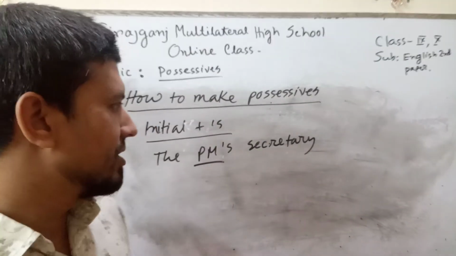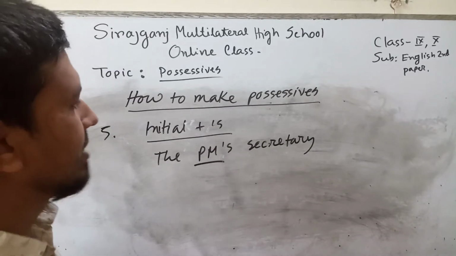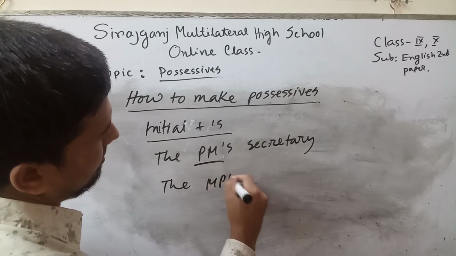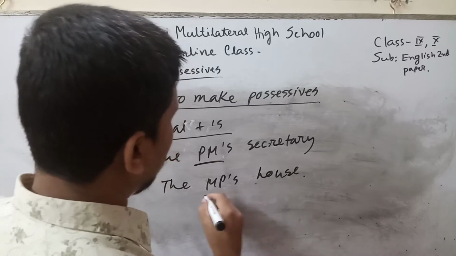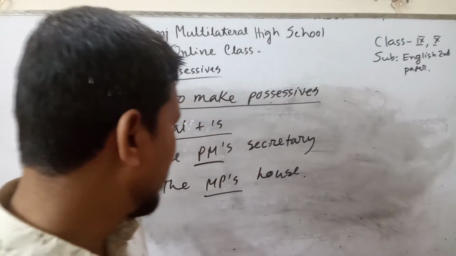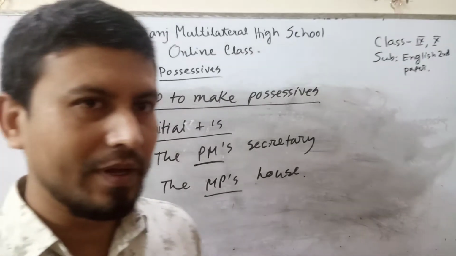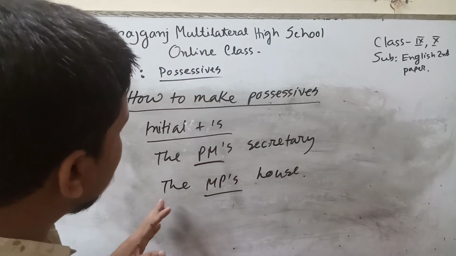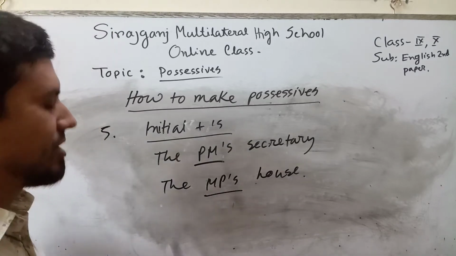Our Honorable Prime Minister is Sheikh Hasina. So the PM's secretary and the MP's house. MP means Member of Parliament. In Shirazganj, our Honorable MP is Habibi Millat Munna. So this is MP's house. It shows us the initials.